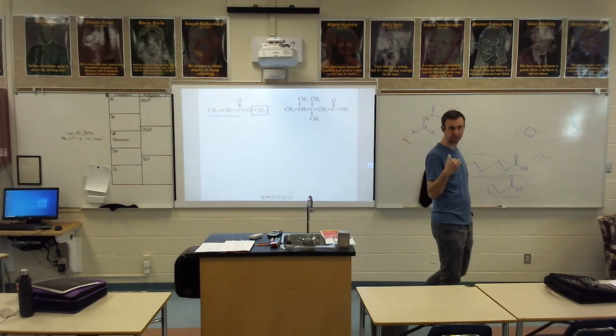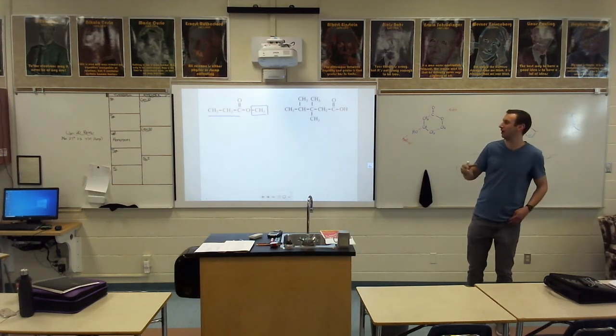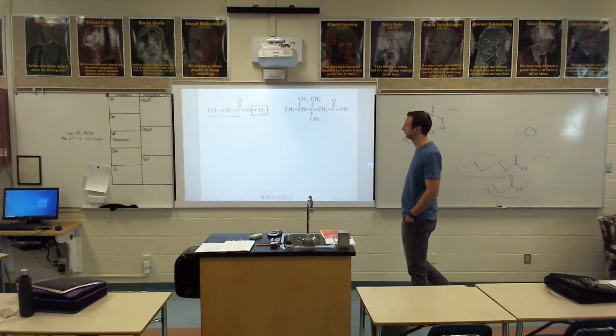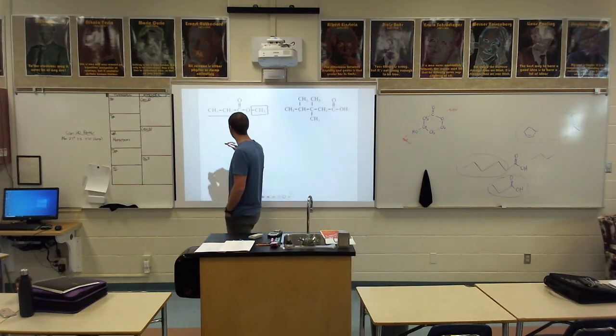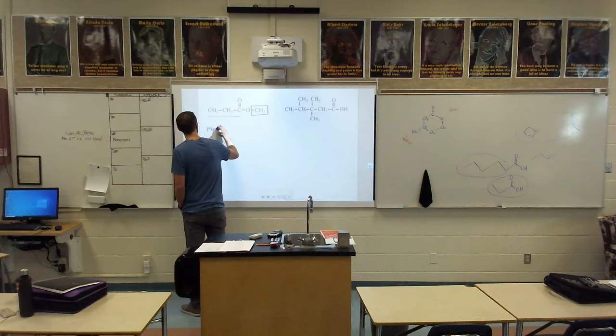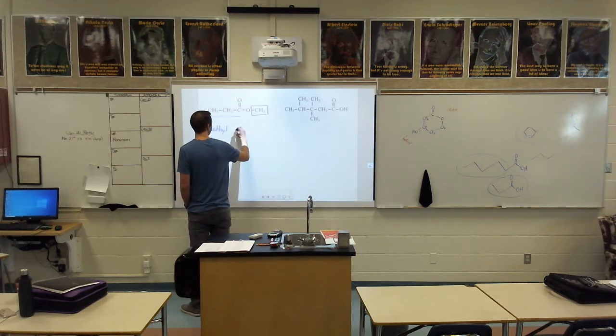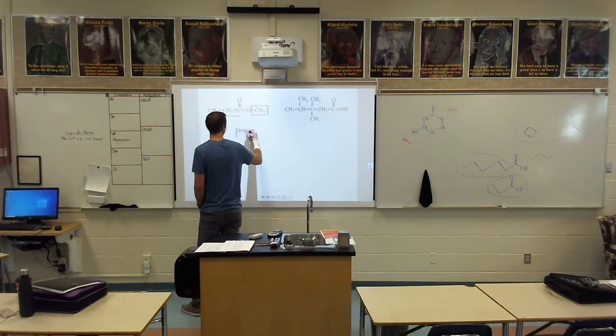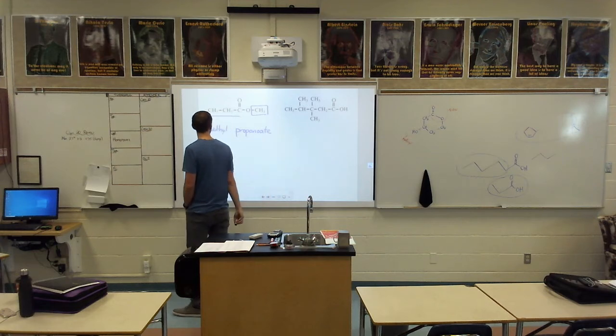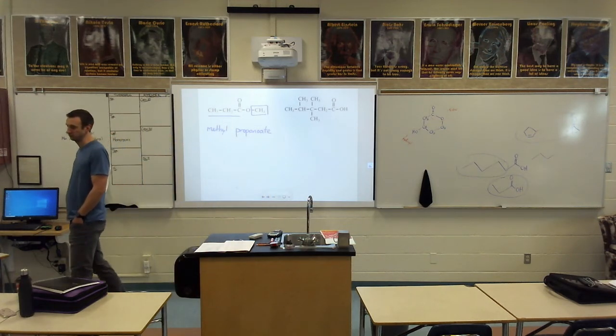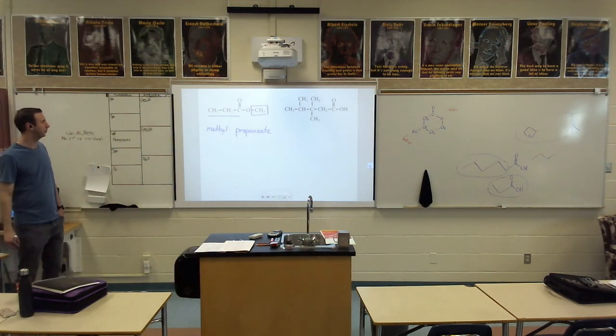It's now an ester. It's not two different things, but it was made from two different things. So this is called the methyl, that's the alcohol portion, then a space, propanoate. So esters have that oate ending. So, methyl propanoate.